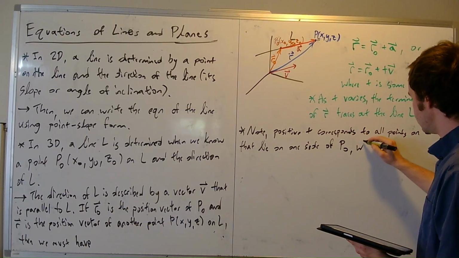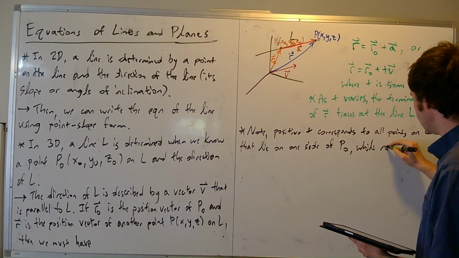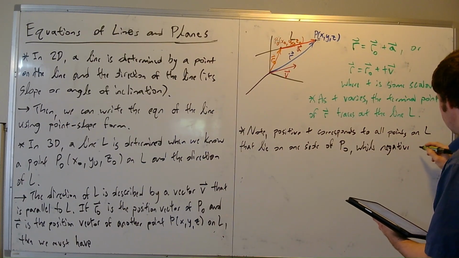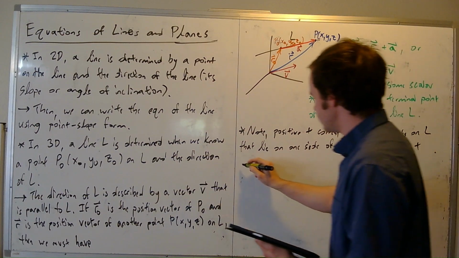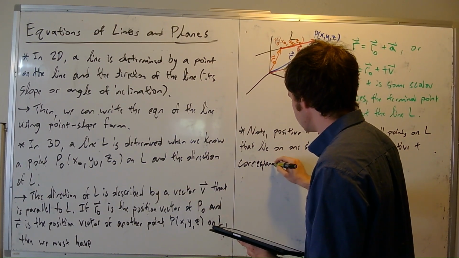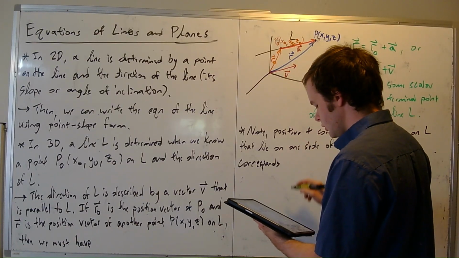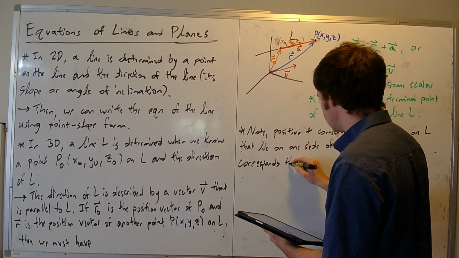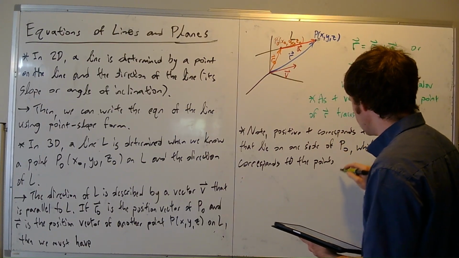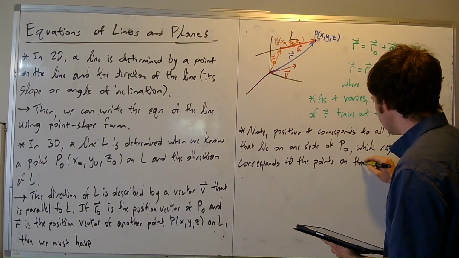and while negative T corresponds to the points on the other side of P0.